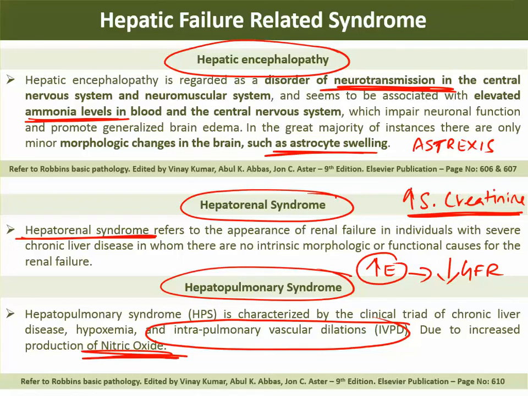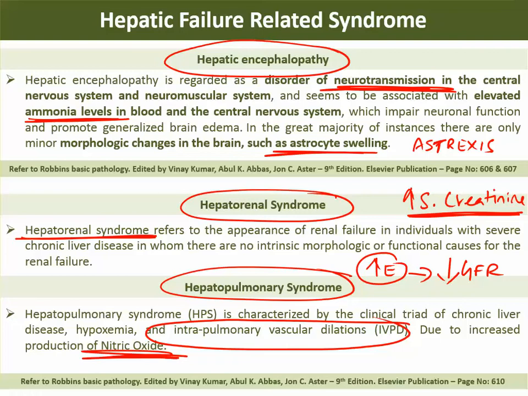Once again I am summarizing it. It's very, very important. One is hepatic encephalopathy, which happens due to increased ammonia in liver failure. Hepatorenal syndrome happens due to peripheral vasodilation, which causes arteriolar vasoconstriction in the kidney, reducing the GFR and increasing the serum creatinine.